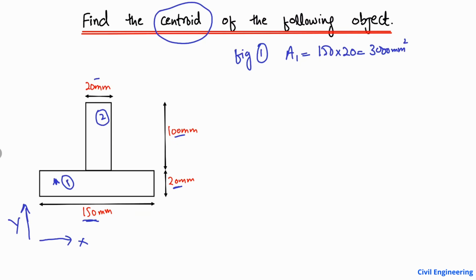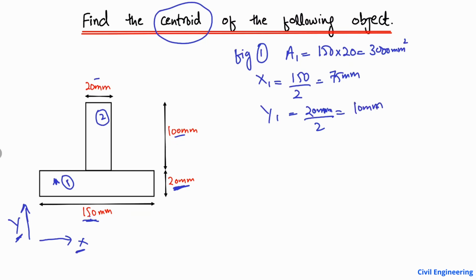Now in the x direction, we have to find its centroid x1, which will be 150 divided by 2, so we get 75 millimeter. And in the y direction, y1 will be equal to 20 millimeter divided by 2, so we get 10 millimeter as the centroid in the vertical direction.